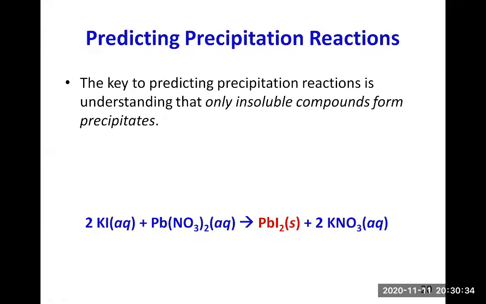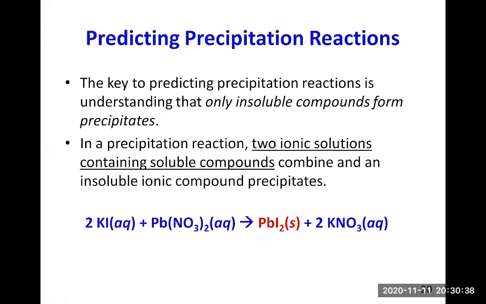So in the reaction below, you can see that two ionic solutions containing soluble compounds combine and an insoluble ionic compound precipitates. So we have two aqueous solutions. Aqueous stands for a solution of salts in water, and the salts are potassium iodide and lead nitrate.